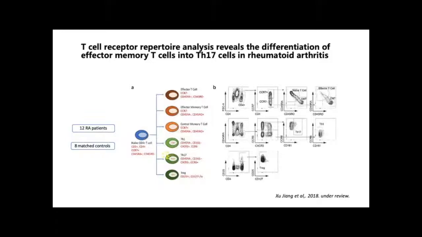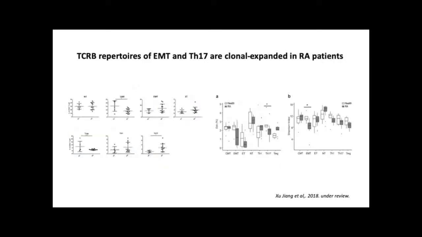First, we analyzed the number of cells in the patients compared with the controls. As expected, we observed a reduction of the Treg cells and an increase of the effector memory and Th17 cells.